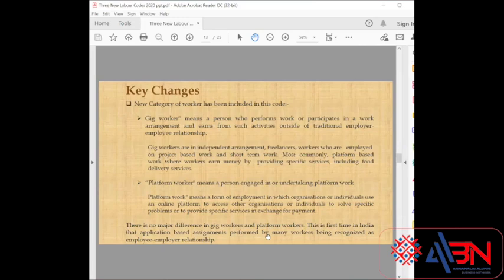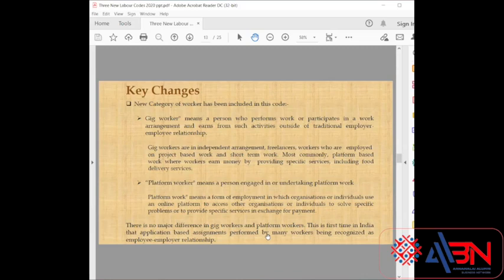We've seen that there's a lot of freelance working, independent arrangements, and consultancy working happening with the advent of technology. And then we have also seen individuals working on specific online platforms. There's a lot of demand for those kinds of workers also, and they needed a proper status to be recognized as a worker.